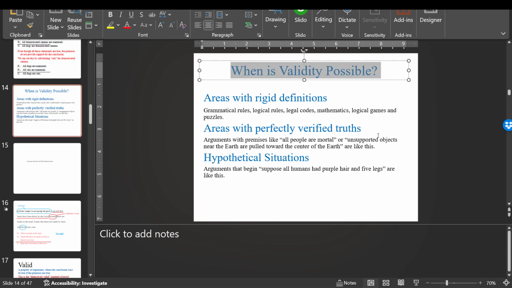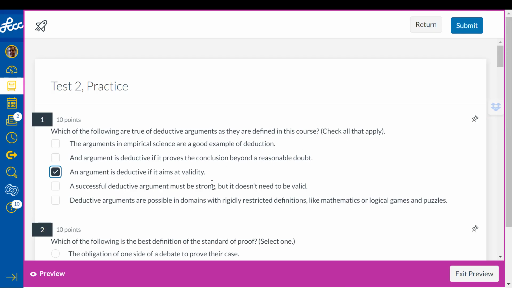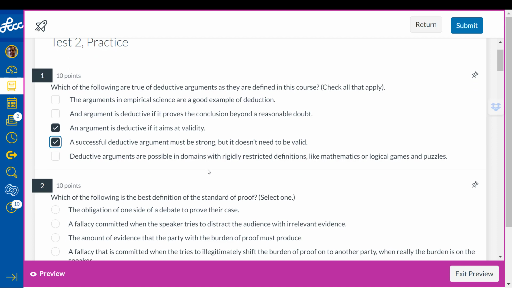Validity is only possible in very narrow situations, and part of that is areas with rigid definitions that avoid the messiness of the world around us and ascend into the world of logic and pure mathematics. So this one is also correct. We leave the other ones blank.